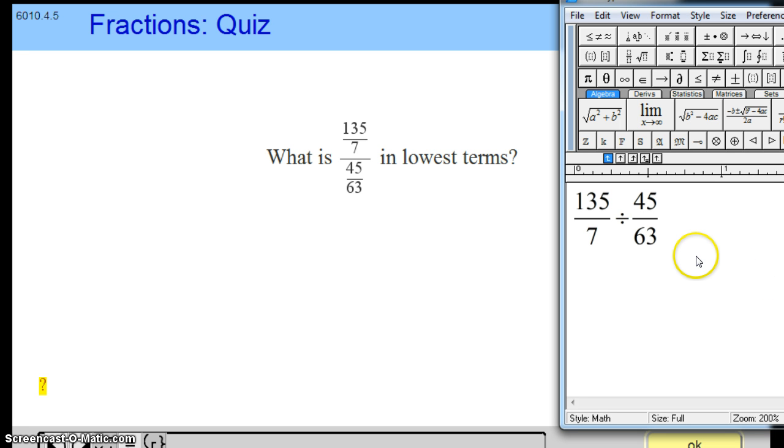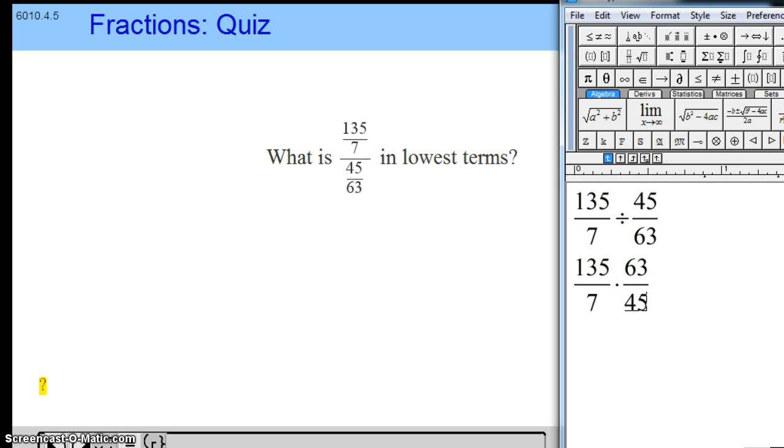And one trick to always remember is that to turn this into a multiplication problem, all you have to do is find the inverse of this, or flip this over. So the multiplication problem is going to be 135 over 7 times 63 over 45.